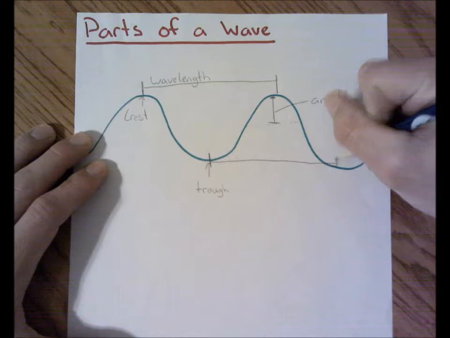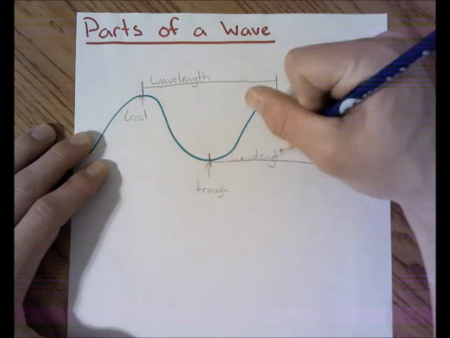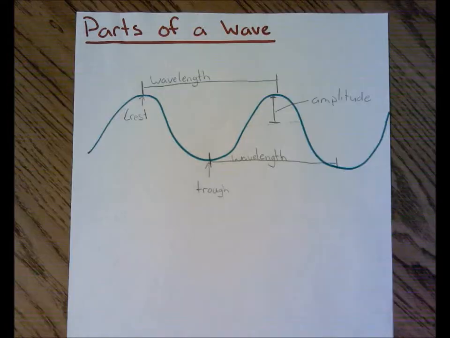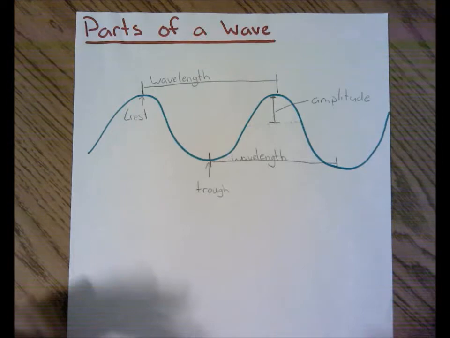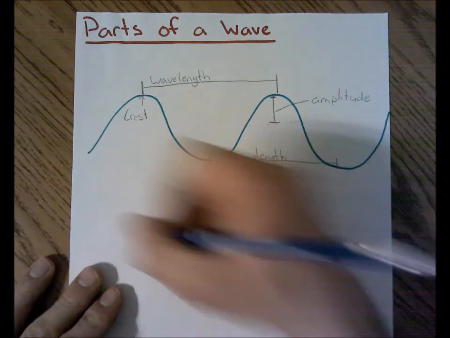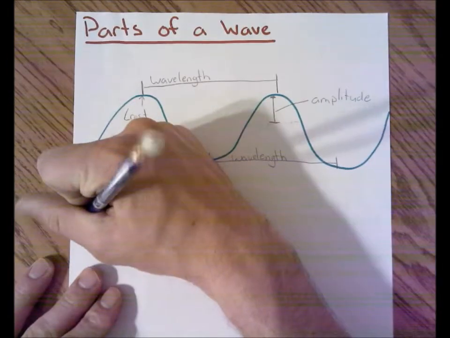All right, so now talking about two more things, and I am going to go through the definitions of these two things because it's hard to visualize on this particular sheet of paper. The first thing that I want to talk about is what we call the period of the wave.